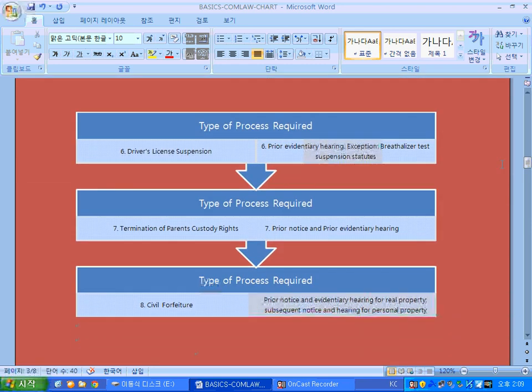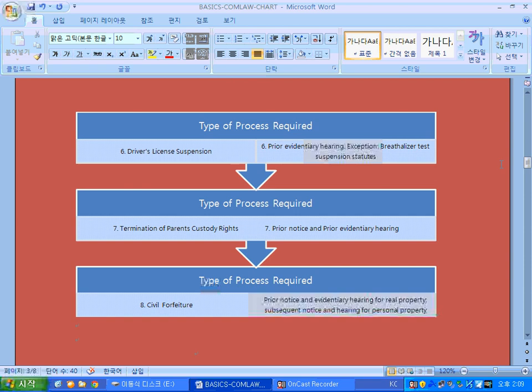How about a driver's license suspension? A prior evidentiary hearing would suffice in this case, but there would be some exceptions surrounding a breathalyzer test suspension statute.